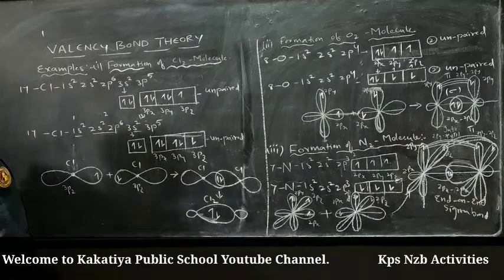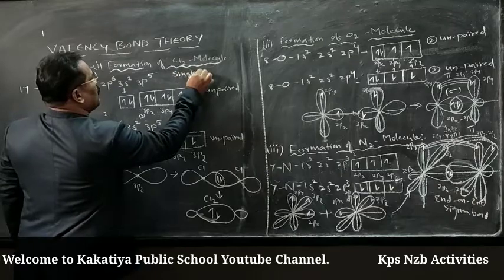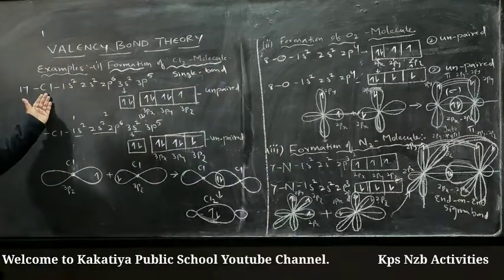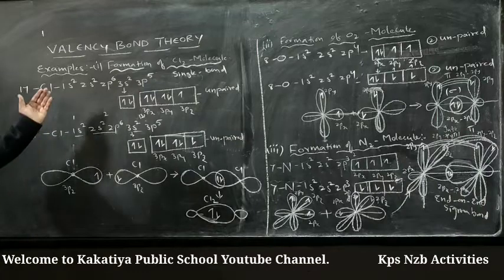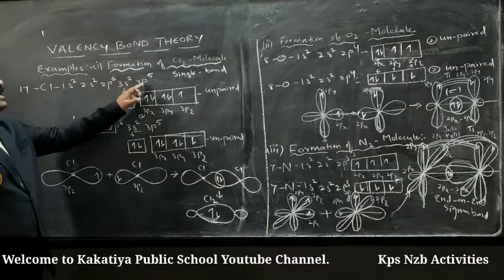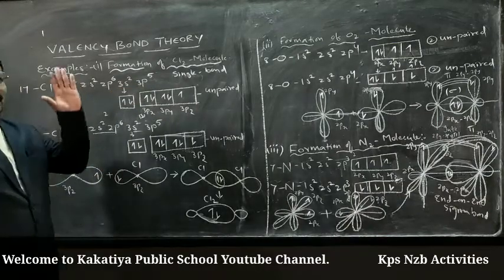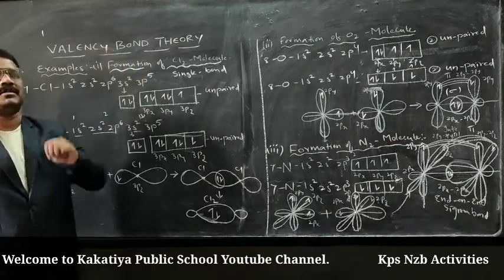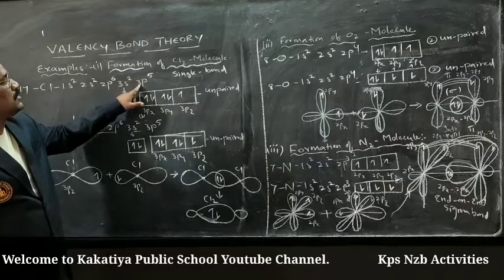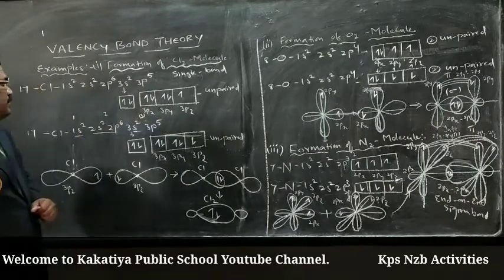First of all, the formation of a chlorine molecule, which gives an example of a single bond. Chlorine's atomic number is 17. Electronic configuration is 1s2, 2s2, 2p6, 3s2, 3p5. The p orbital has three subshells called px, py, pz, and as it belongs to the third shell, therefore 3px, 3py, 3pz.